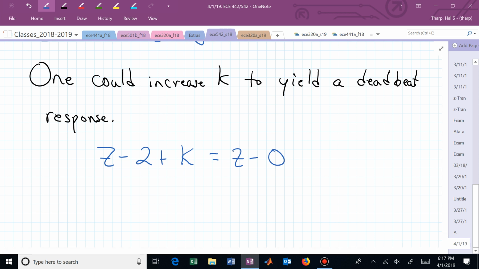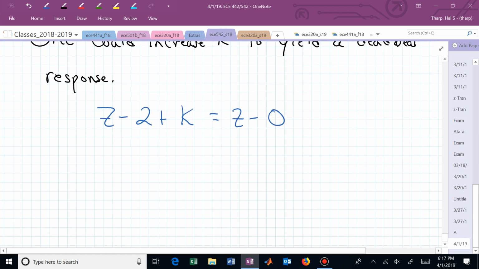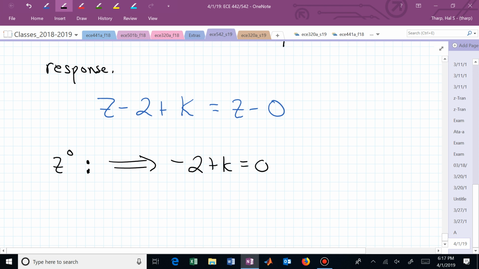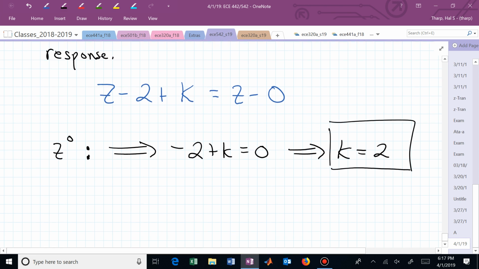We want a pole at 0. Both of those are monic, so the only information we have is by equating the constant coefficients, which says minus 2 plus k equals 0, or with k cranked up to 2, now we'll have a deadbeat response.